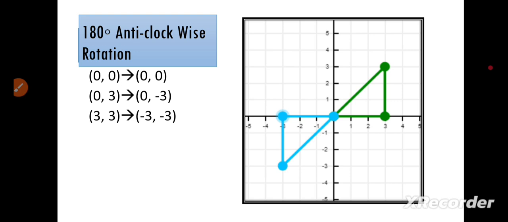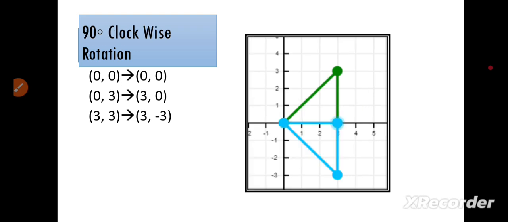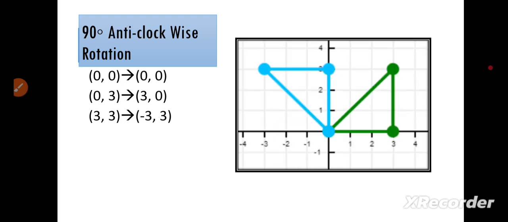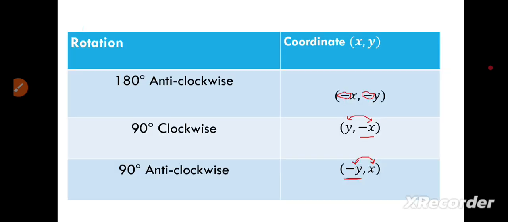For 180 degree we assign a negative sign to all the coordinates. For 90 degree clockwise we are going to flip and put a negative sign on the second coordinate. For anti-clockwise, flip and the first coordinate will be negative.